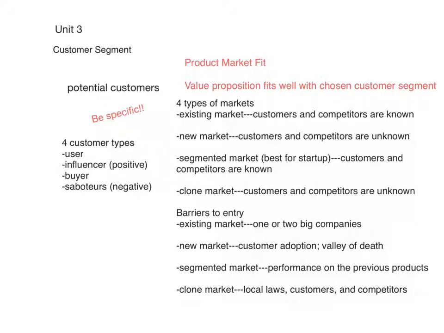The value of that is the time period in which your product has been accepted by the customer, and then you have to have enough funds or money to support your business. The barrier for the segmented market is that your product has to perform better than the previous products. For the clone market, it is important to know the local laws, customers, and competitors.